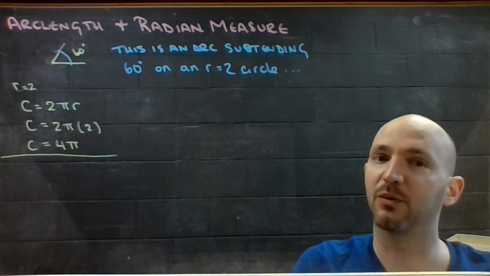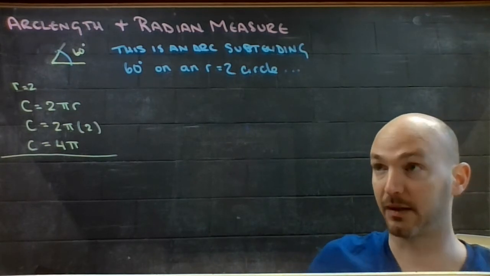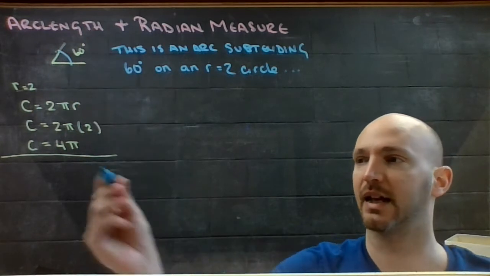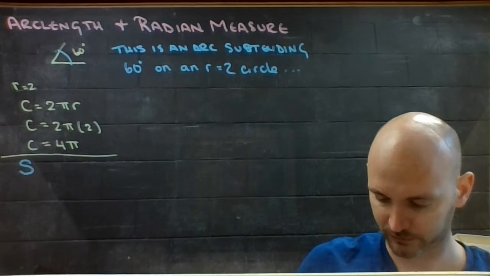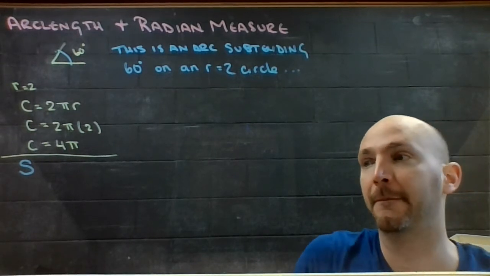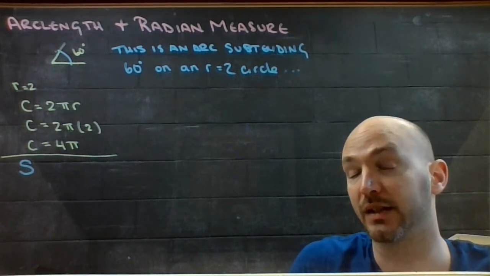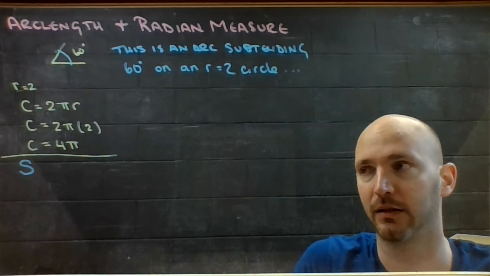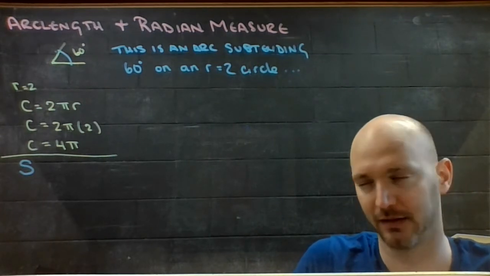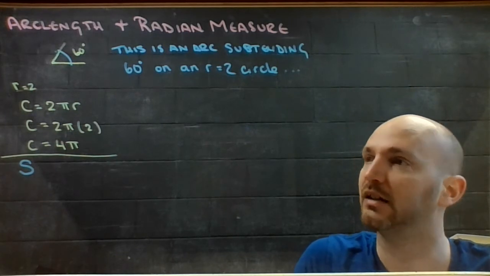And the letter we're going to use for arc and for arc length is an S. It's a natural choice using an S for the word arc length, but it is what it is.